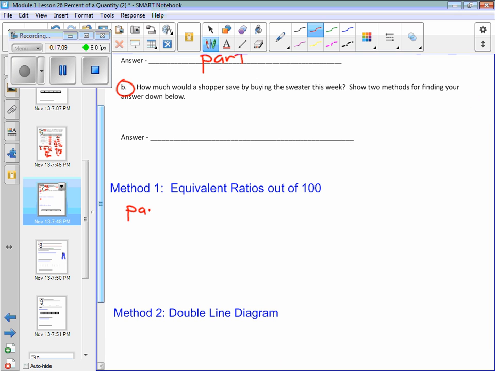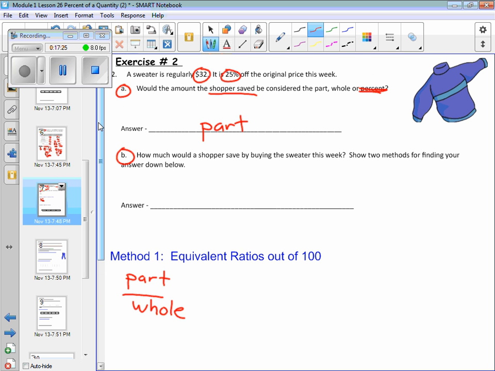Part over whole, as usual. Now the question is, can you plug everything in where it belongs so it's set up properly? What did I tell you about percent? Look back. We have a percent. What does that automatically become as a ratio?